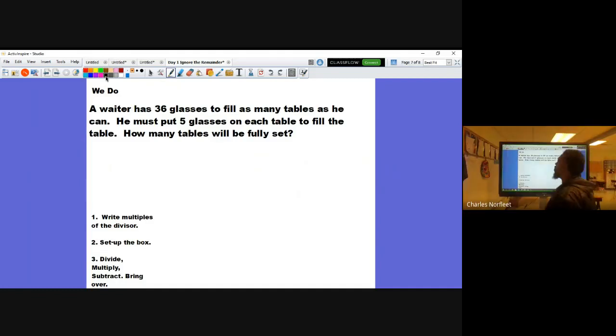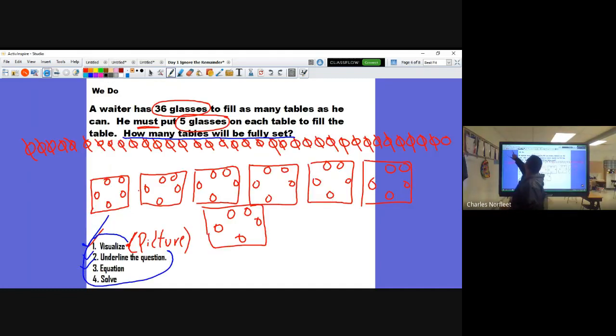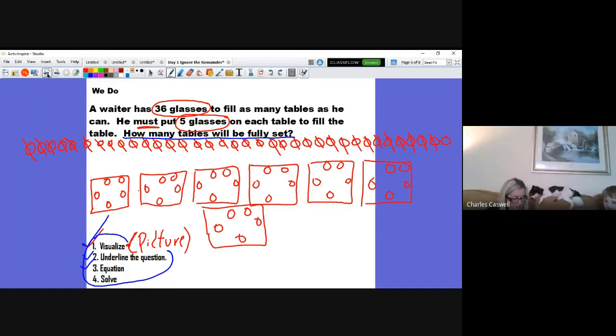And remember, it's going to be the total number of glasses. And we're going to go back, we're going to use the numbers that we circled earlier. We're going to use these numbers that Mr. Grayson told us about earlier. 36.